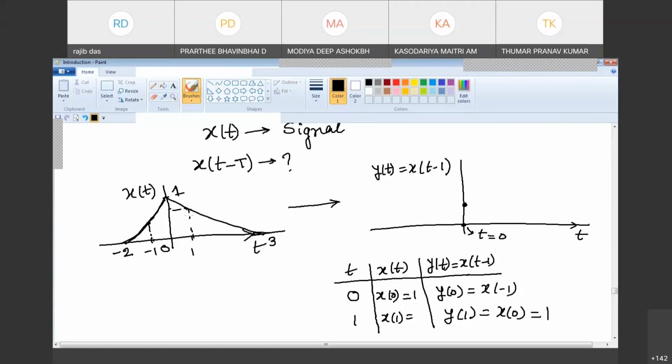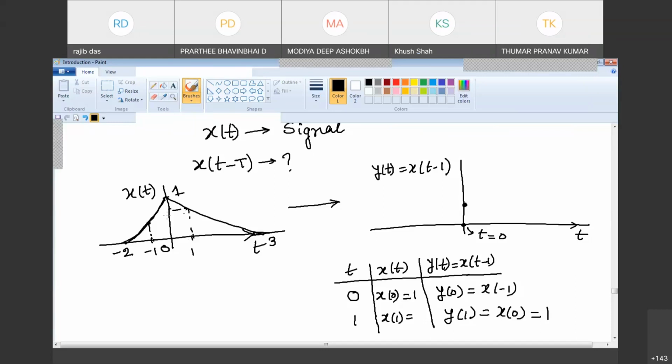What is the height at t equal to 1 for x(t)? Anybody? Am I audible? Yes, sir. Can you tell me the value at t equal to 1 for x(t)? 2/3. Yes, sir.